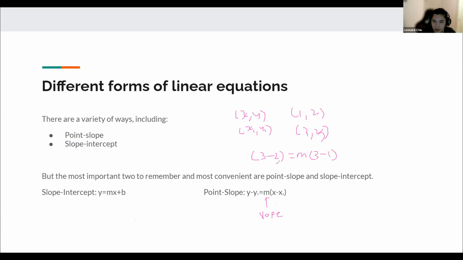So what do we get? We get 1 equals m times 2. Now if we divide both sides by 2, we get m equals half. So we can use the point-slope formula to get the slope easily. In this equation, m is half. That's how you use that. All right, let's move on.